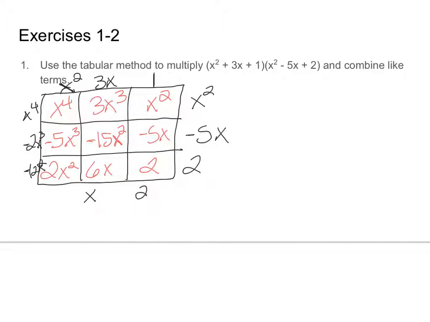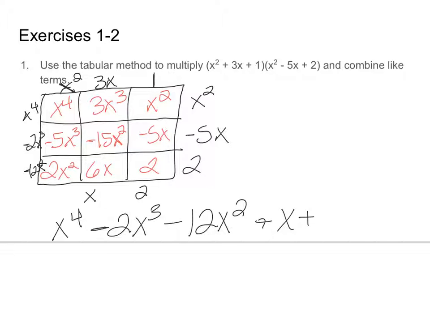Now I can just travel on the outside of my tabular method and I just collected all like terms, which is very exciting. So my answer is x to the fourth minus 2x cubed minus 12x squared plus x plus 2.